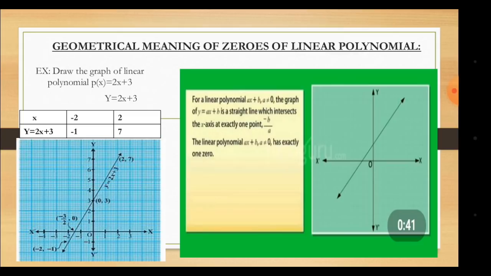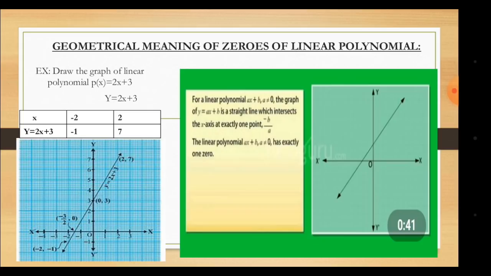Now observe this graph. What you see here, this graph intersects the y-axis at point (0, 3) and intersects the x-axis at point (minus 3 upon 2, 0). So here we have to learn what is meant by zero of polynomial.